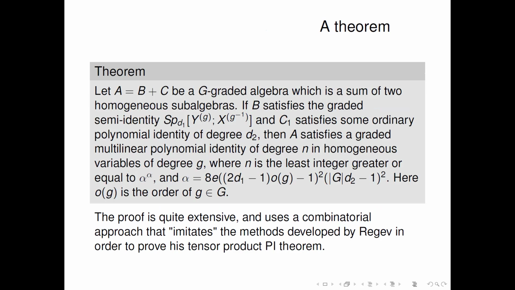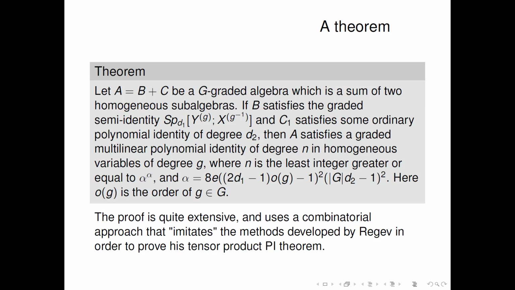And now, another result in this direction. Take once again G graded, B and C homogeneous. Suppose that B satisfies some graded semi-identity of this form, of degree D1 here, where Y_G means some variable of fixed degree G, and here it should be Z in fact, of degree G minus 1.